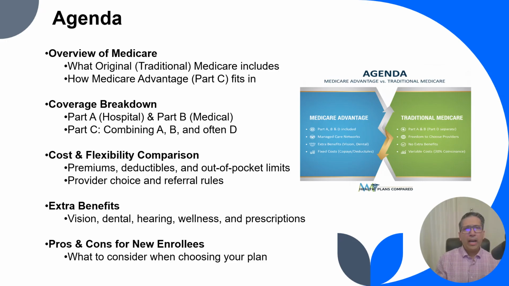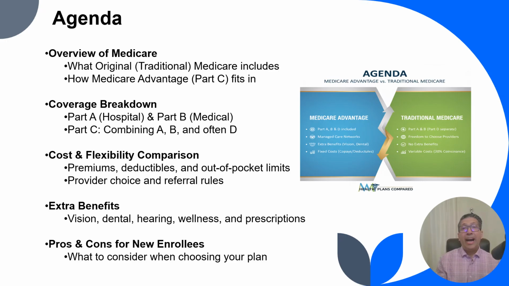So let's break down this coverage, Part A, B, C, D, all these alphabets, right? So what is Part A? Part A is hospital. Part B is medical. So Part A covers inpatient care, skilled nursing type of care, some health services, home health services.